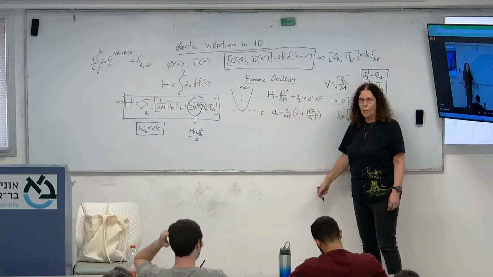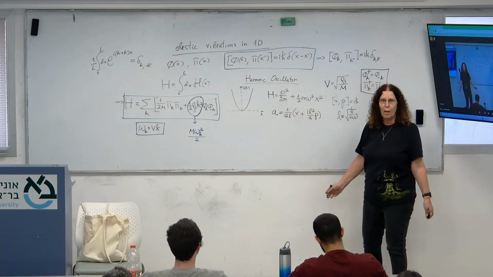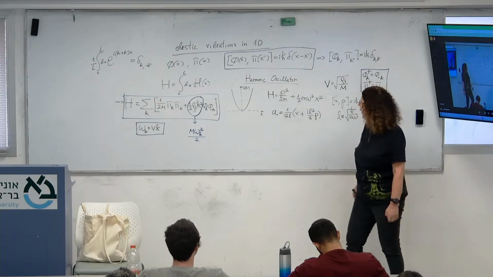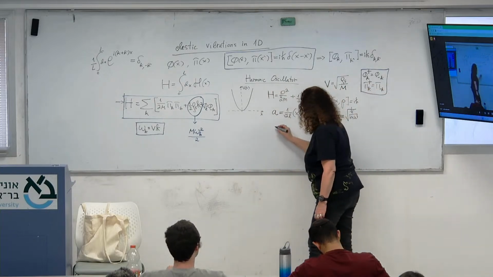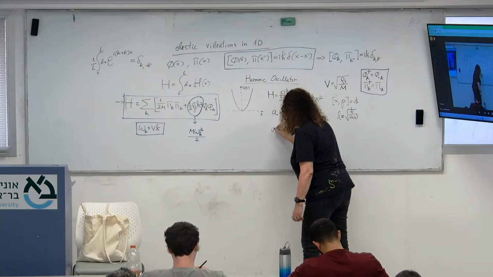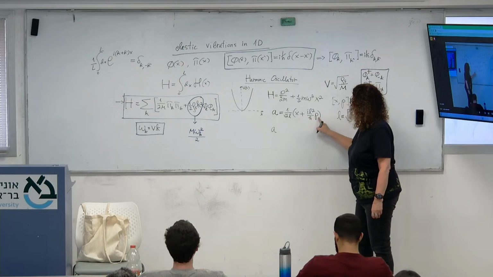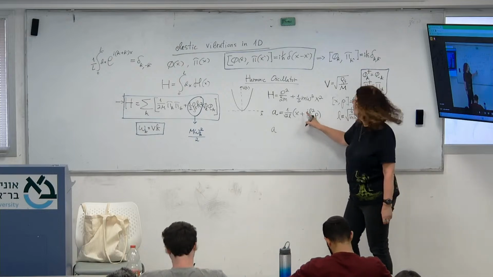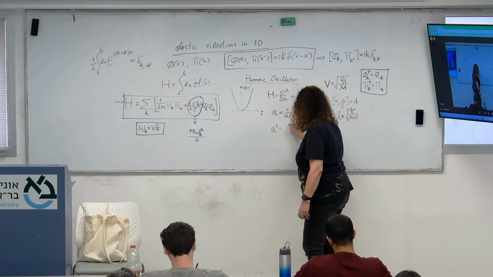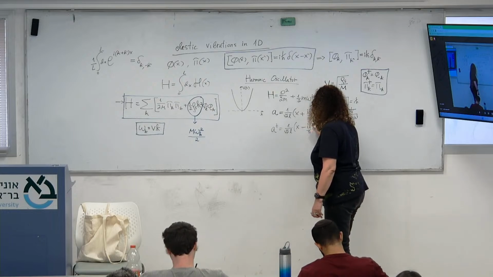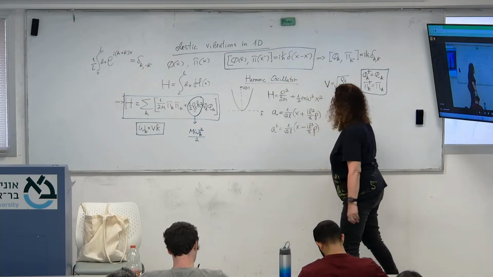In terms of physical units, it's dimensionless, right? Because you are normalizing everything that has units of length by L. So this is A, and because X and P are Hermitian, but in this linear combination there's an i, A dagger is not the same as A, it's X minus i L squared P over h bar, okay?